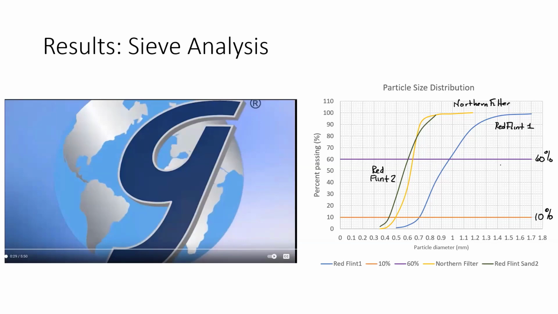Okay. And the reason that I've done that is that we defined two terms that we use extensively in filter design. And one is the effective size, and that is referred to as P10. So it's the size of the particles for which 10% are retained. So here, or 10% pass, okay?